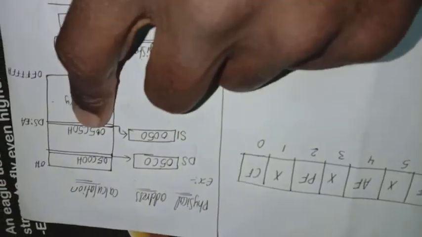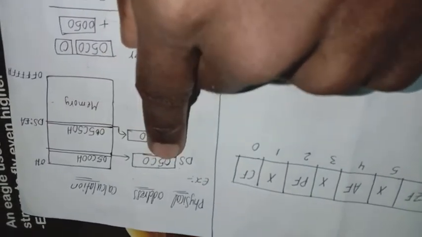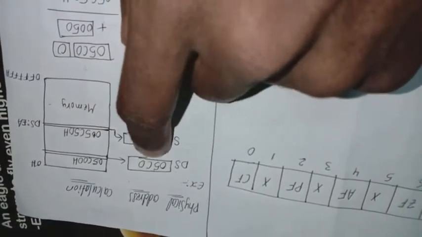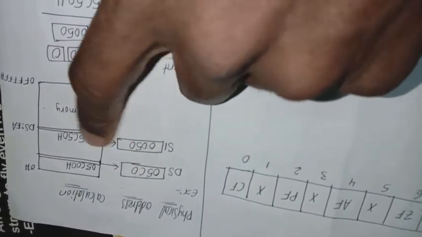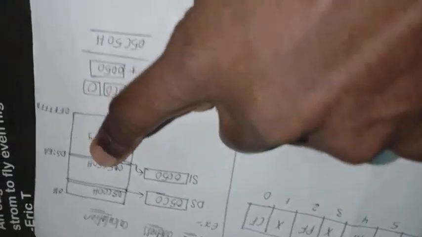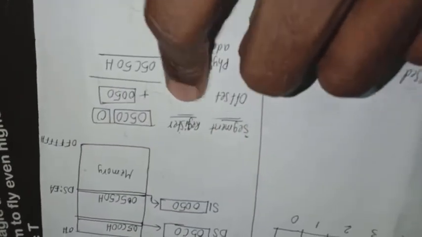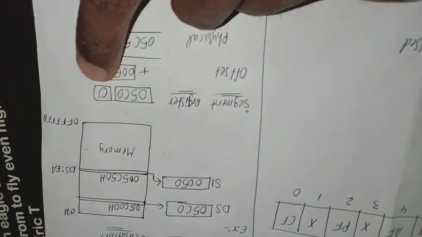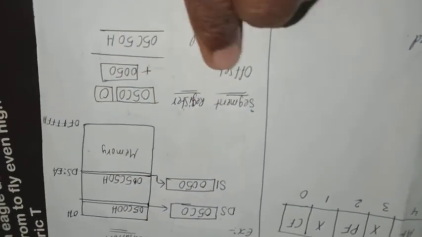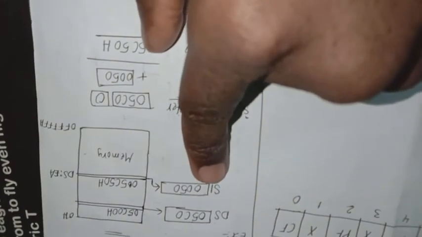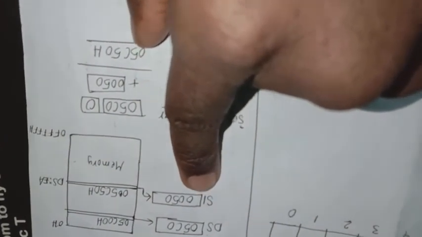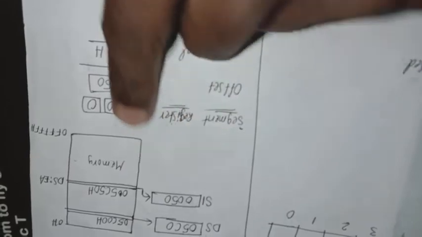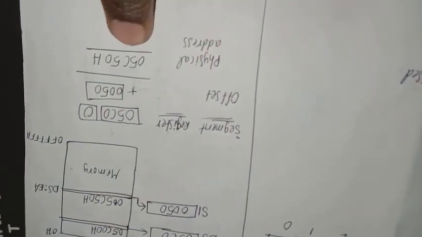To find this address, we have to multiply the segment register value by 10 and add the offset address. So the segment register 05C0 is multiplied by 10, and the offset address, which is stored in SI, the source index, is added to this, and we get 05C50H, where H denotes hexadecimal.